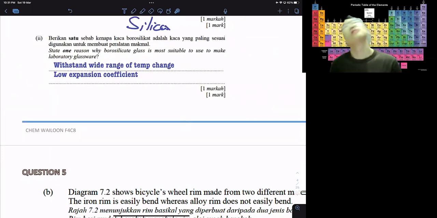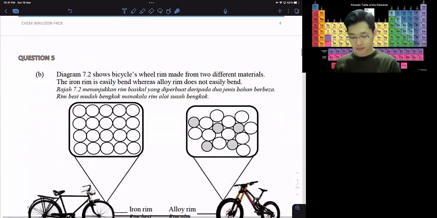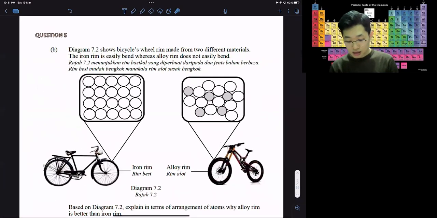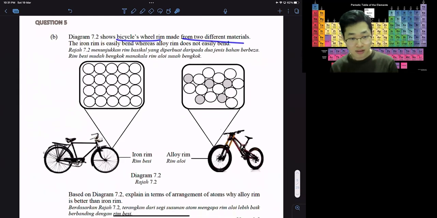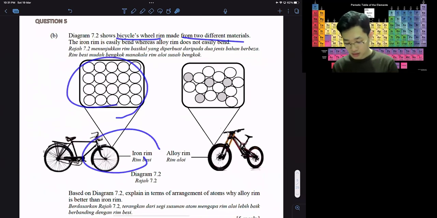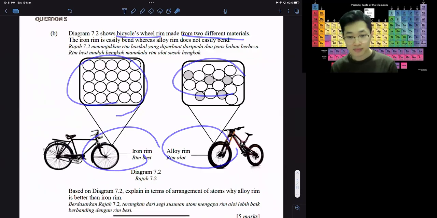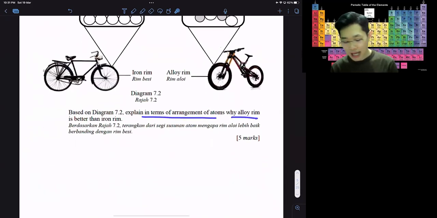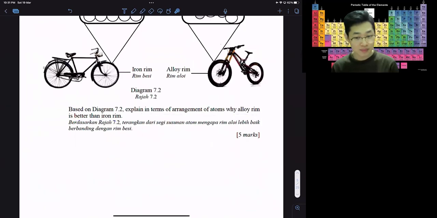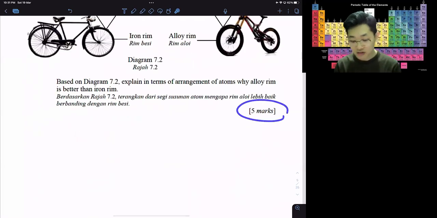Okay, next, this one. The bicycle wheel rim is made out of 2 different materials: iron rim and alloy rim. Explain in terms of arrangement of atoms why the alloy rim is better than iron. They give you 5 marks.